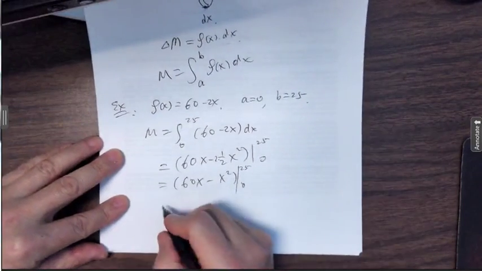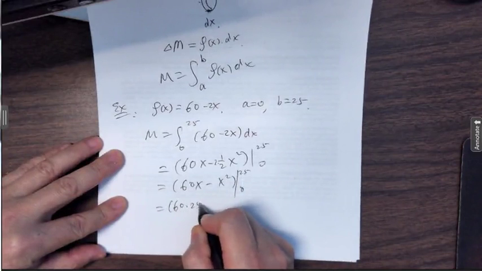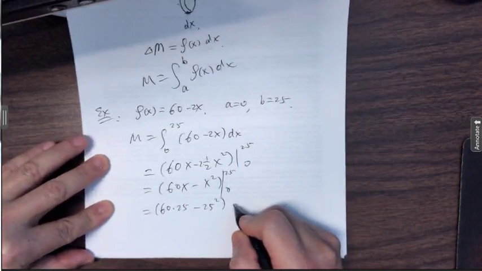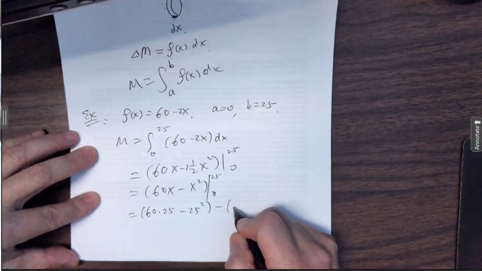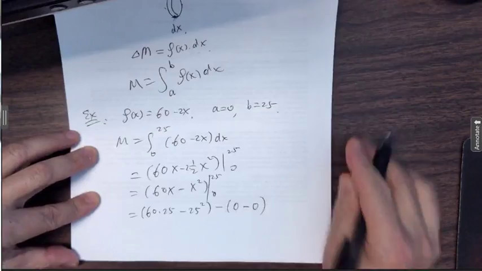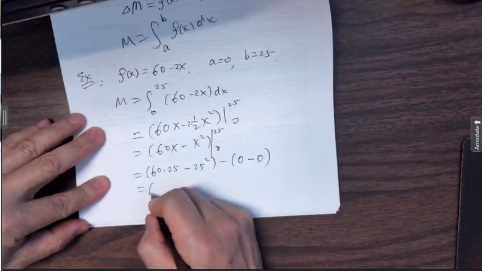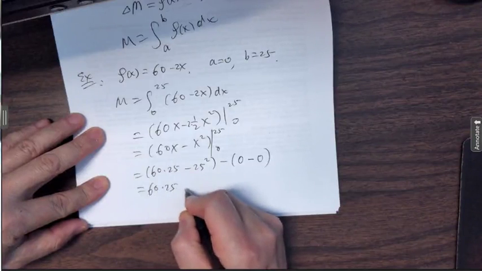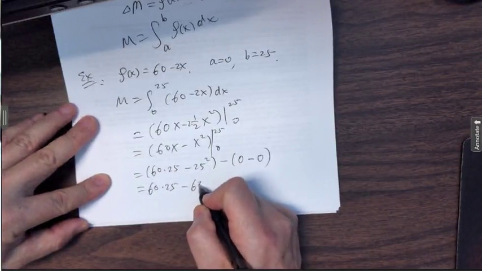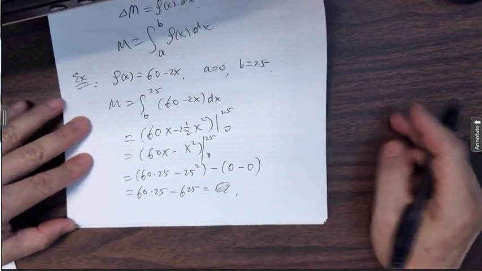Now plug in the upper limit: 60 times 25 minus 25 squared, minus 60 times 0 minus 0 squared, which is 0. The square of 25 is 625, but anyway, with a calculator you can easily find the answer.